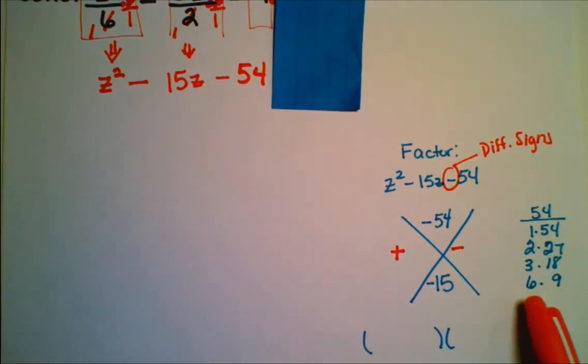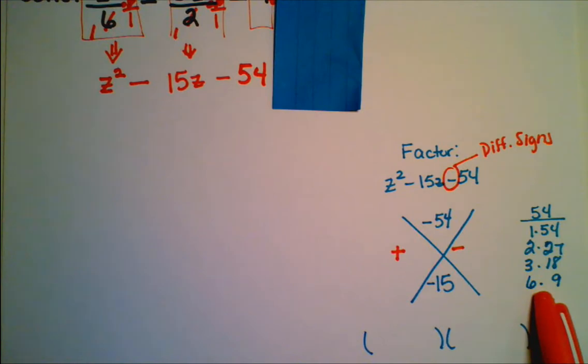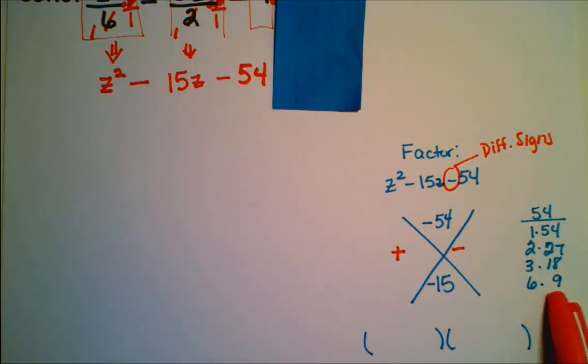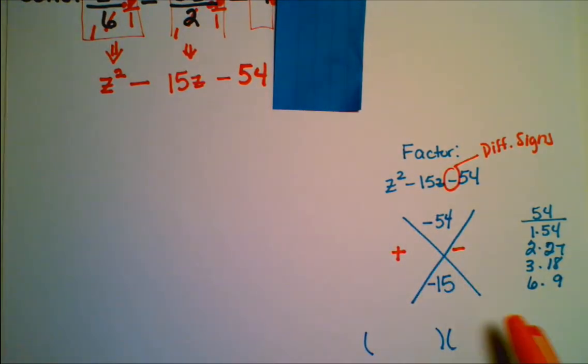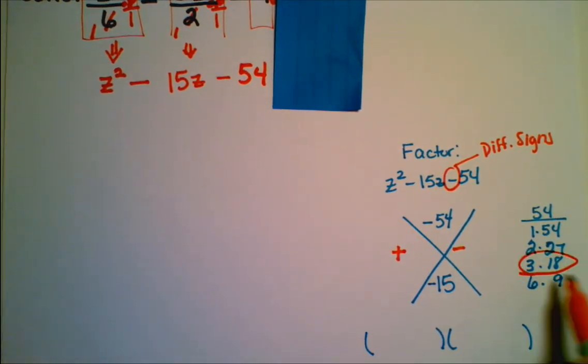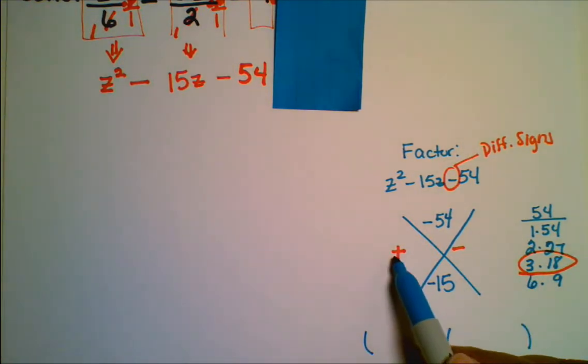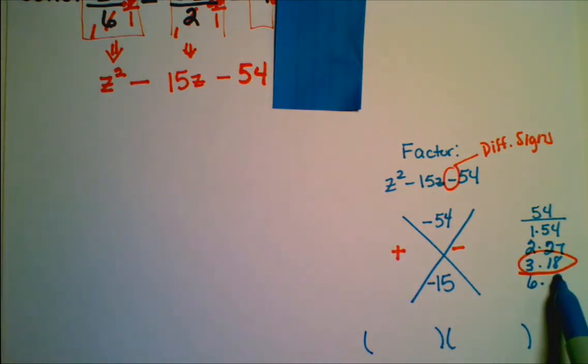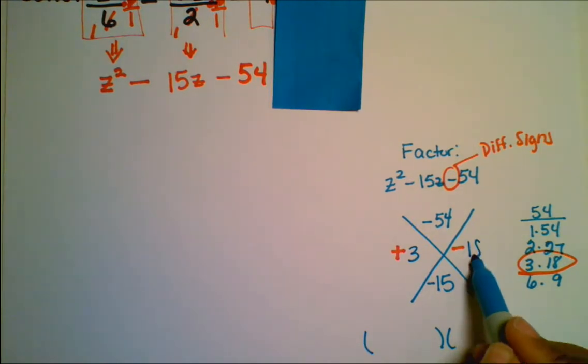So we definitely cannot use the 6 and 9, because with different signs, that would not give us the negative 15 that's needed. So we're going to have to use the 3 and 18. 3 goes to which sign, the positive or the negative? The 18 goes to which sign? The 3 would go to the positive, the 18 would go to the negative.